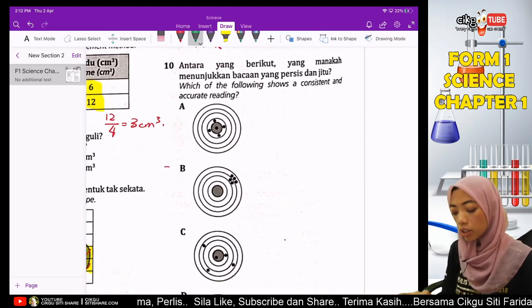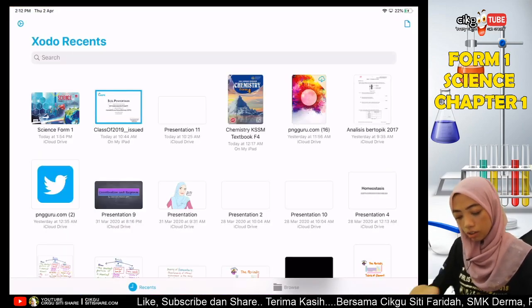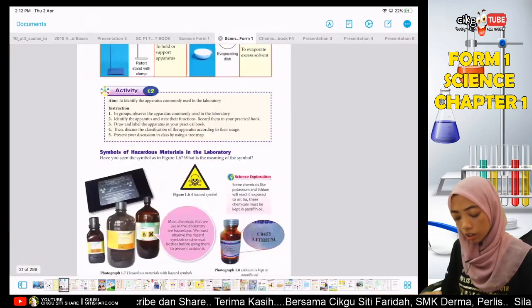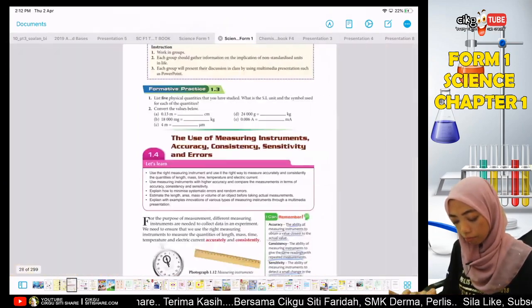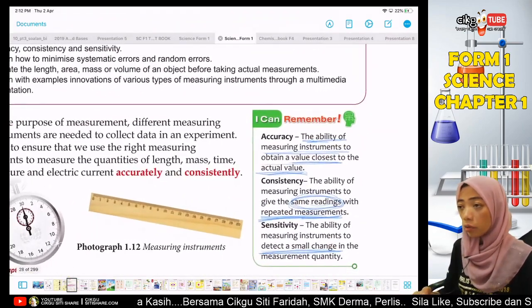Which of the following shows consistent and accurate reading? Okay, let's study first what is accurate, what is consistent. Okay, what is meant by accurate?